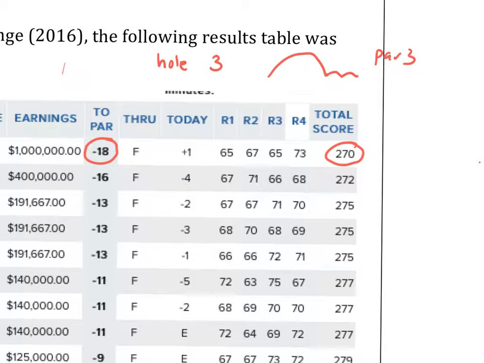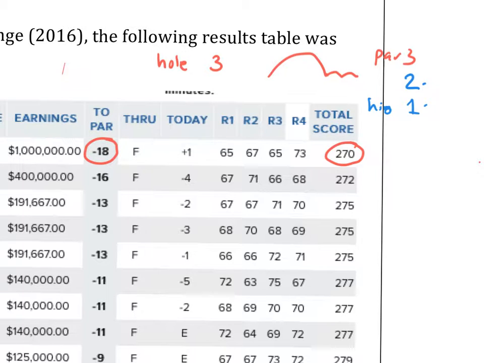Most holes in golf are a par 3. In other words, they expect you to make the shot in 3 swings. So when you make a birdie, which is doing it in 2, or a hole in one, of course, that's a 1. So a birdie is 1 under, and a hole in one is 2 under.